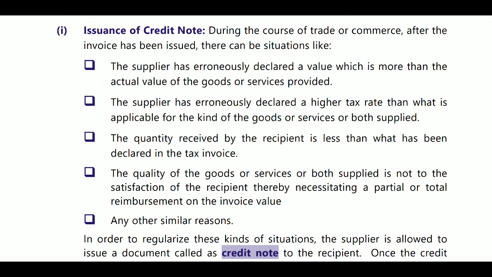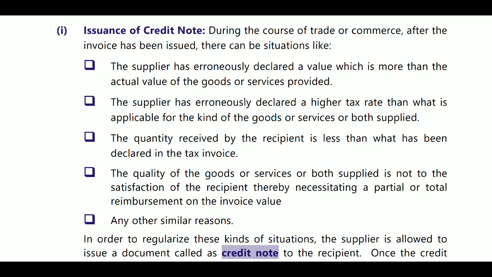Now, if the taxable value in the invoice is greater than the taxable value in respect of such supply, that is, the supplier has erroneously declared a value which is more than the actual value of goods or services, then you will issue the credit note.